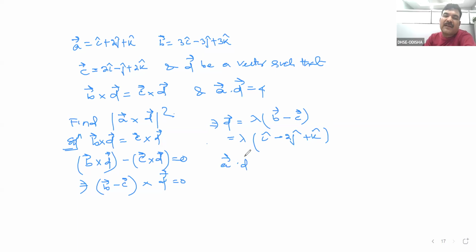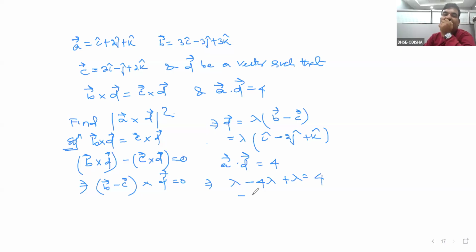So it is 1 into lambda is lambda, minus 4 lambda, plus lambda, is equal to 4.